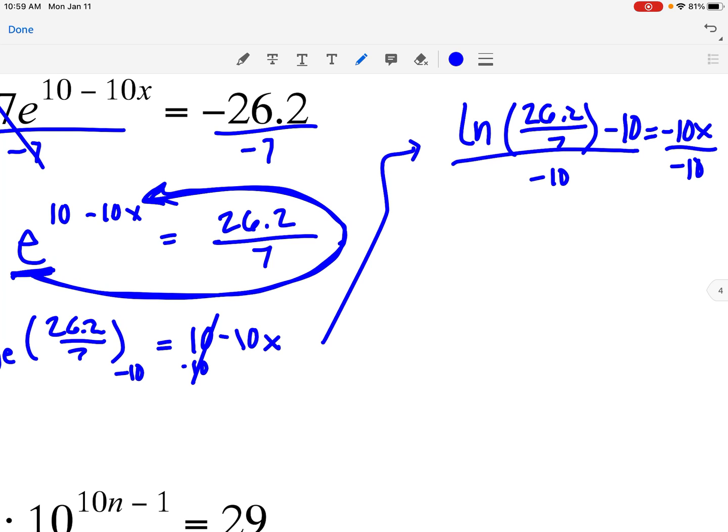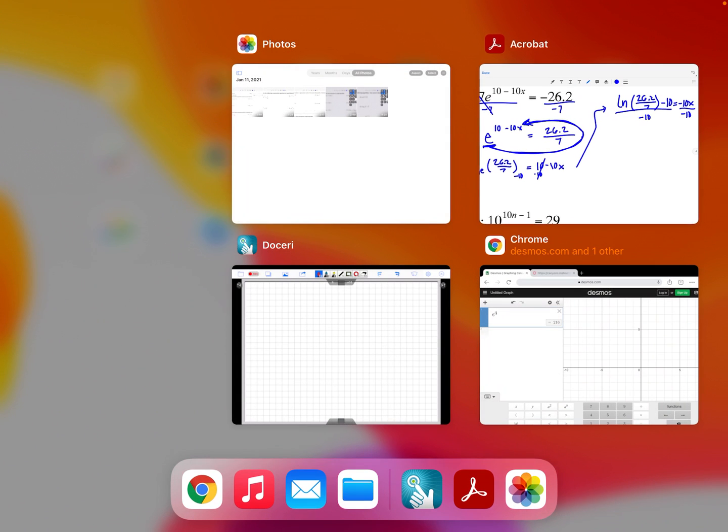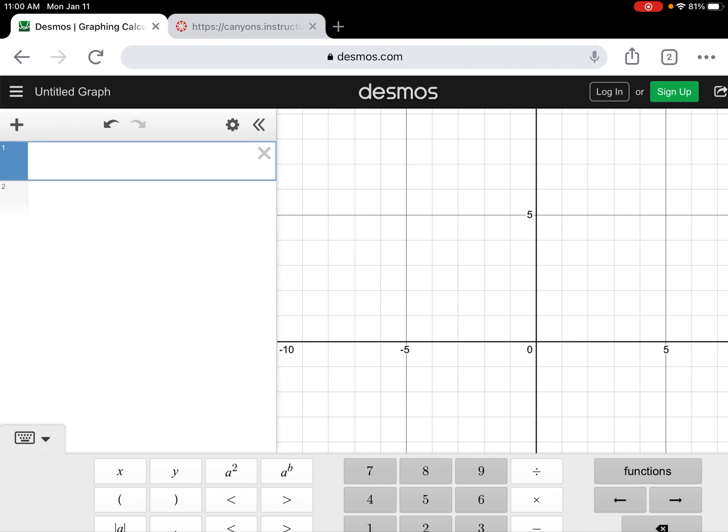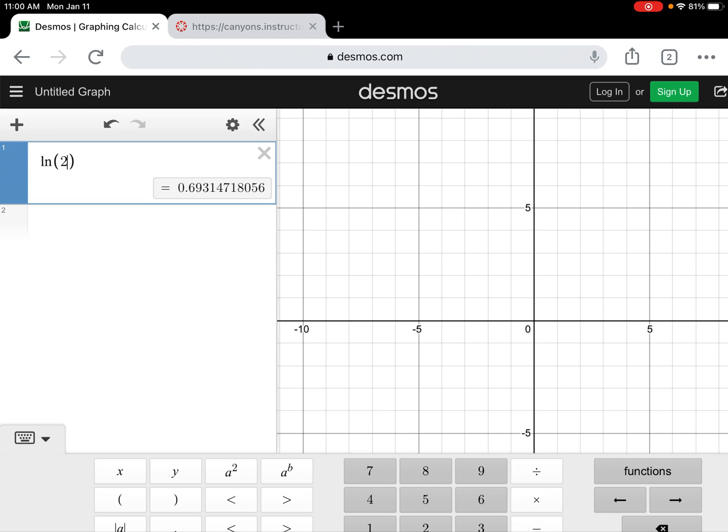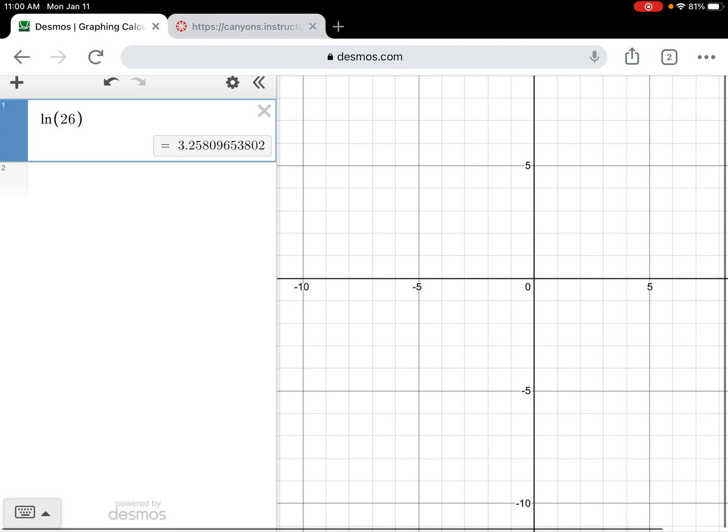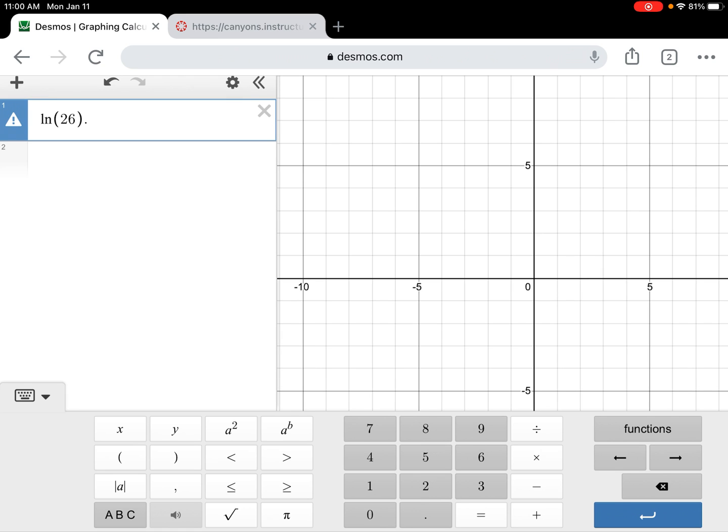So now we plug that into our calculator. Natural log of 26.2 divided by 7.